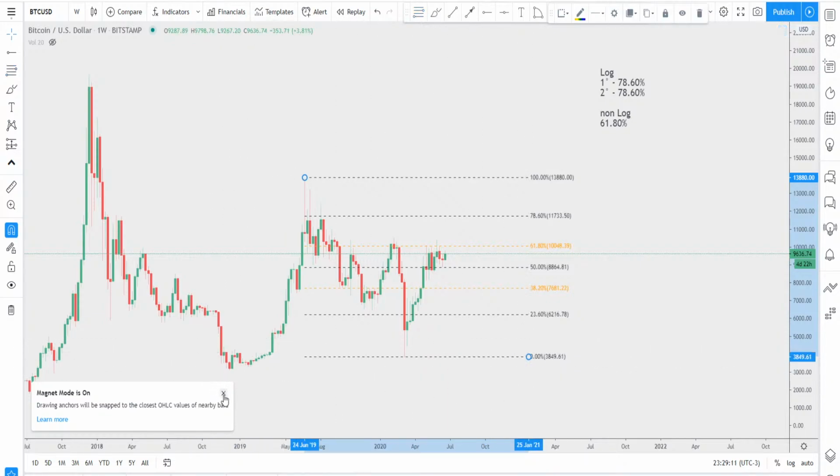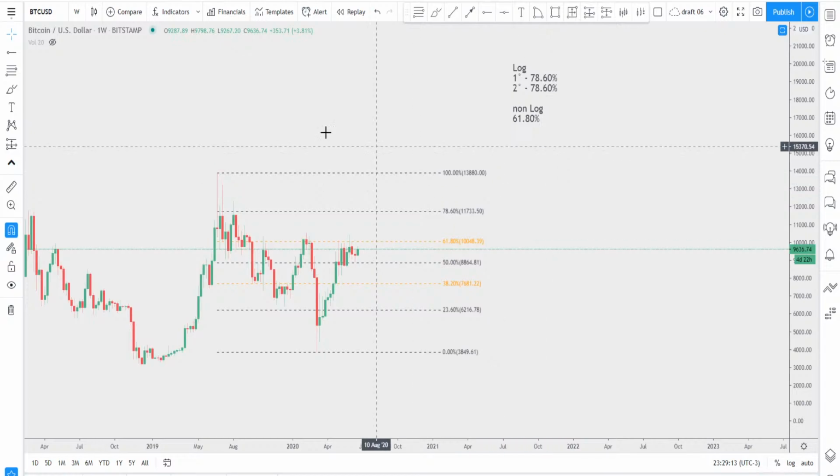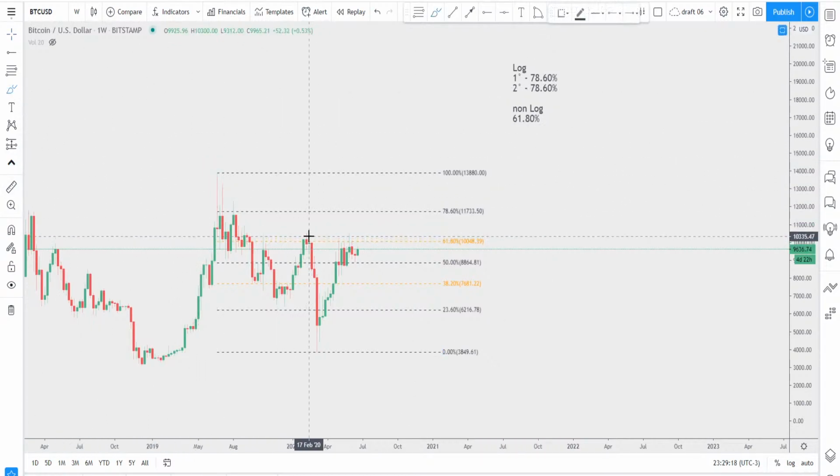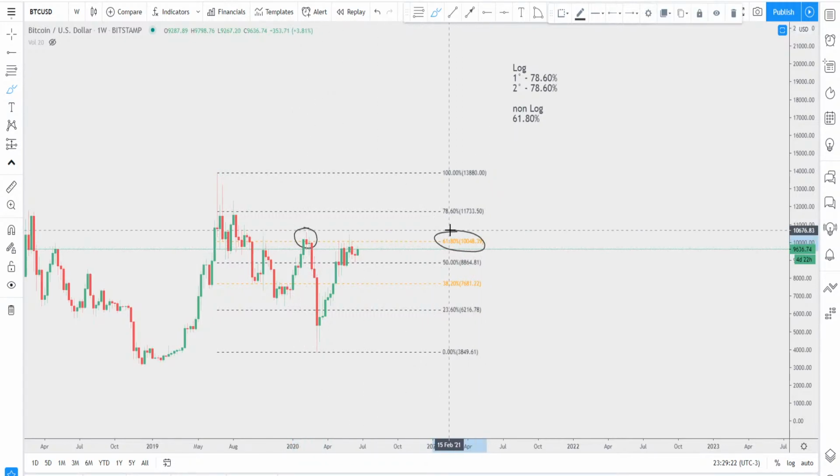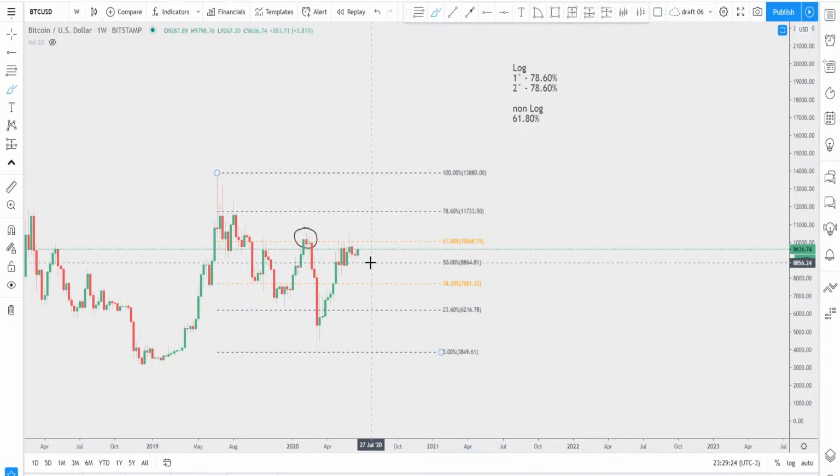And what do we have here? So another rejection from the golden, but we have confluence. That's great.